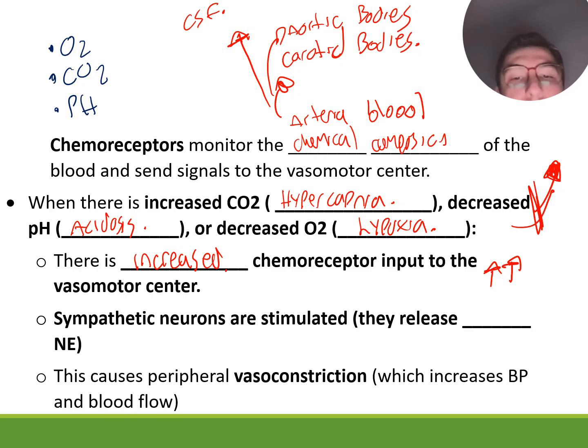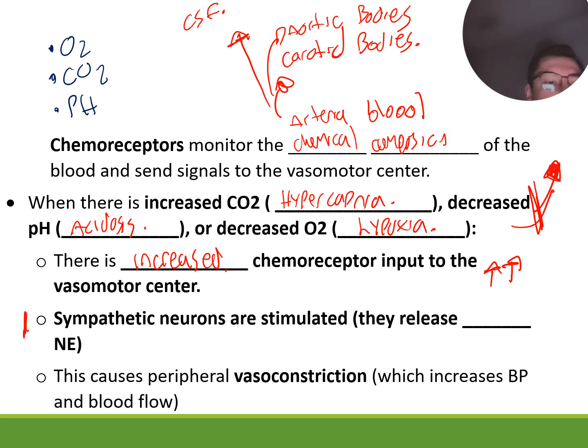They release norepinephrine. This is causing vasoconstriction in the periphery to increase blood flow to the areas where we need to increase it, such as your brain, and it's also going to affect the respiratory center in order to modify those gases. We'll review these in the respiratory center.